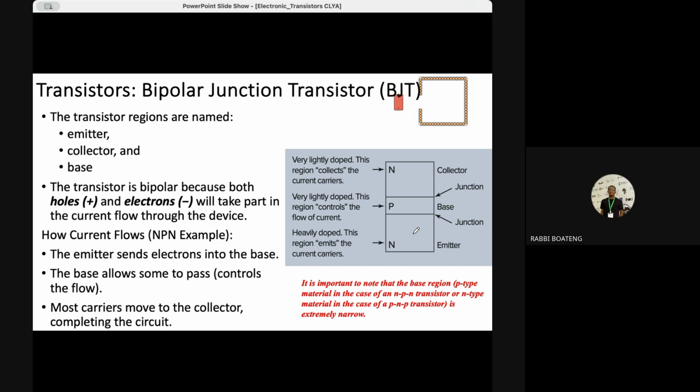Perfect. It means this is not a normal doping. When you say heavily doped, it means we've super doped it to have a lot of electrons in there. Is that okay? And anytime you see a p-type, the excess is a what? It's a hole. Here is doped, but it is slightly doped. Is that okay? And we have another n-type here, but it doesn't behave like the emitter. That one is the collector, and it's very, very lightly doped. Is that okay? Like very, very lightly doped.